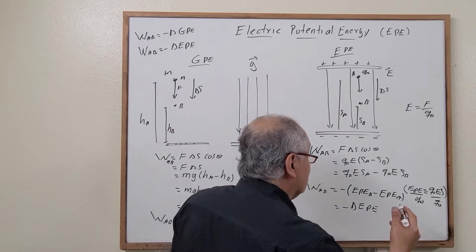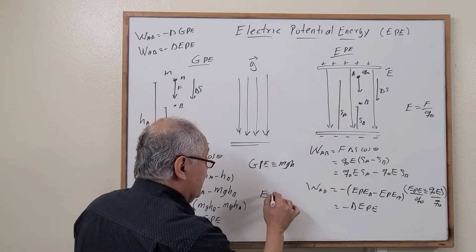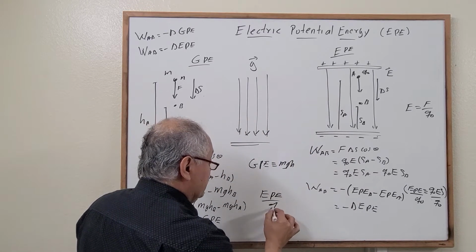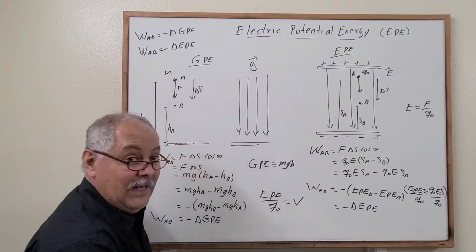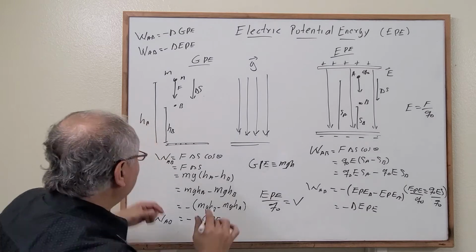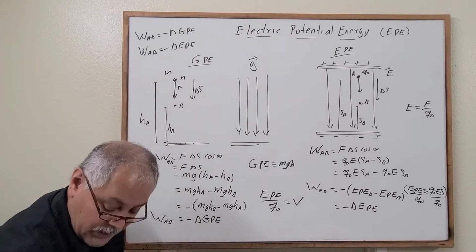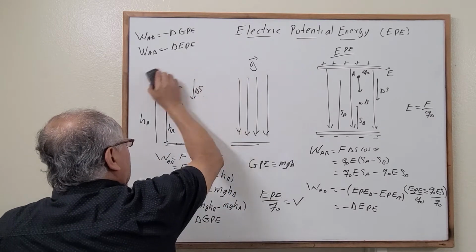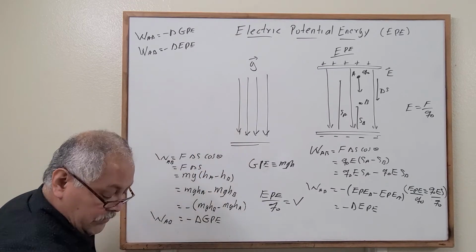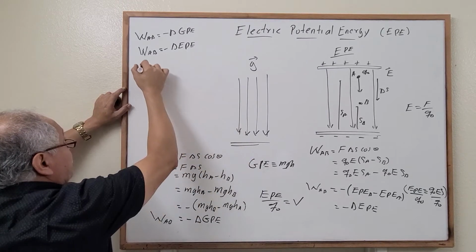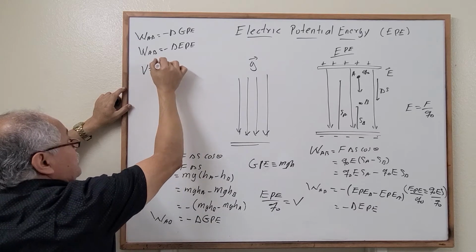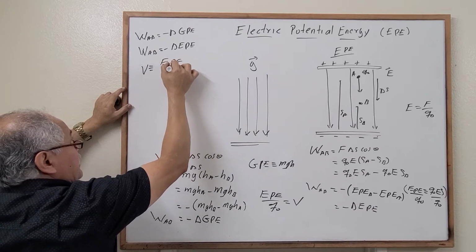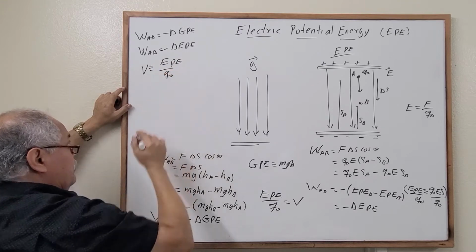And we define it: the electric potential energy divided by the charge, Q naught, we define it as the electric potential, correct? So the electric potential is defined as V equals the electric potential energy divided by Q naught.